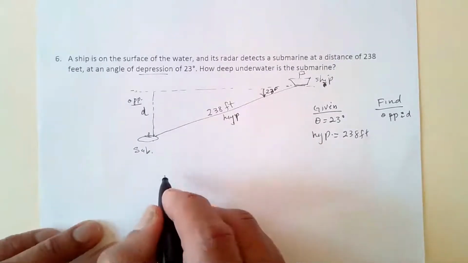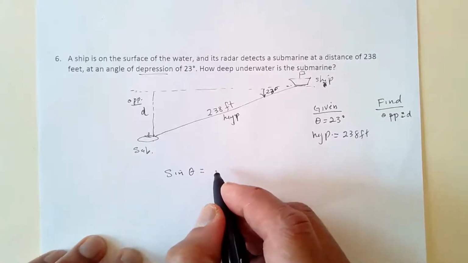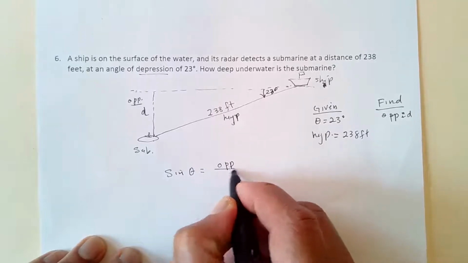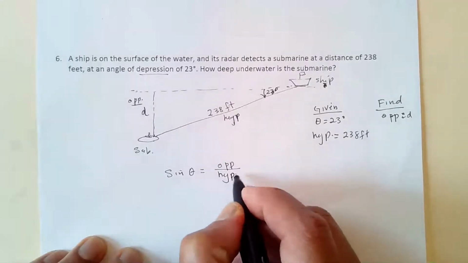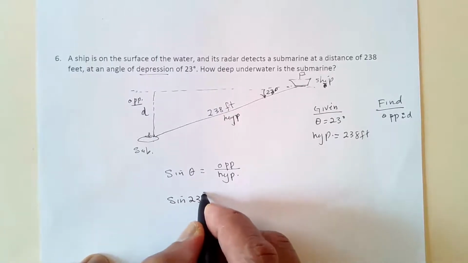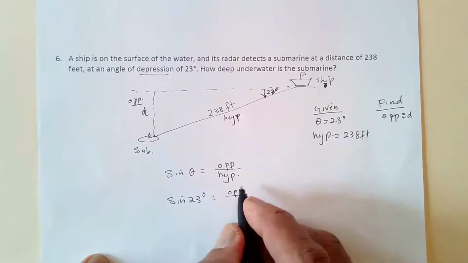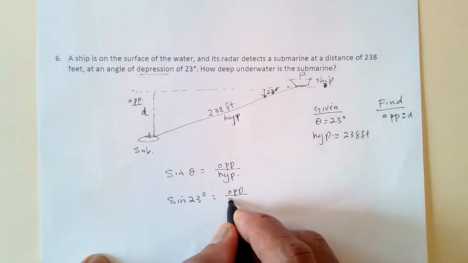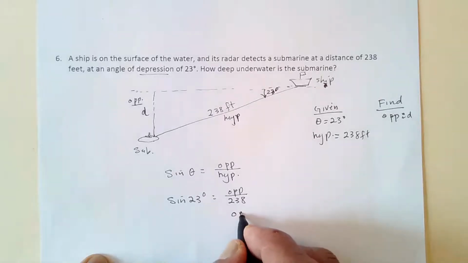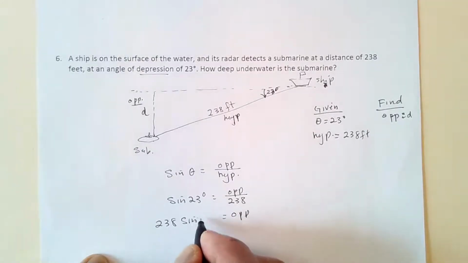So I have sine theta is equal to opposite over hypotenuse. So sine 23 degrees equals opposite, which I don't know, over my hypotenuse, 238. So my opposite is equal to 238 sine 23.